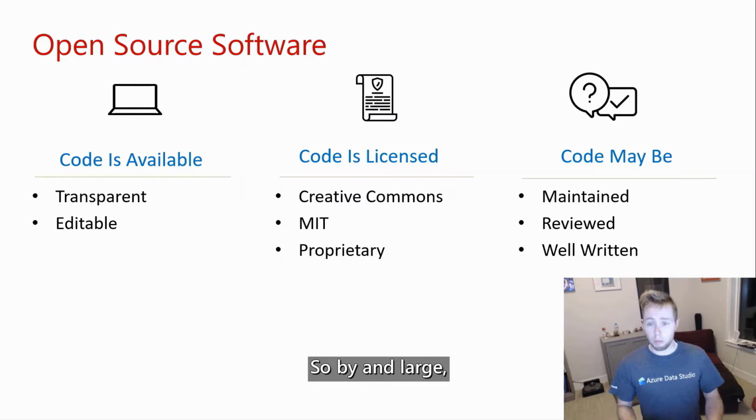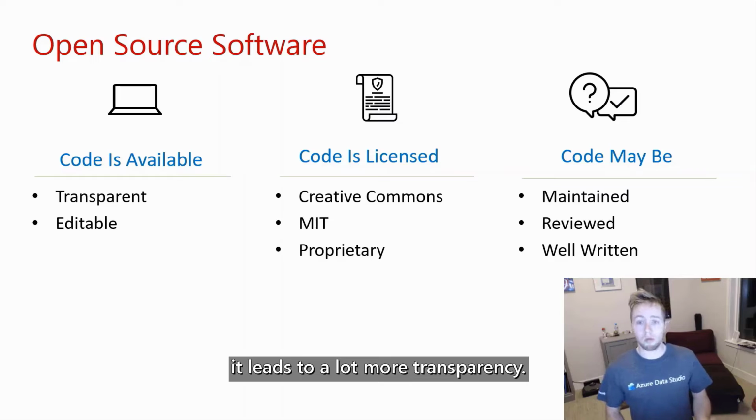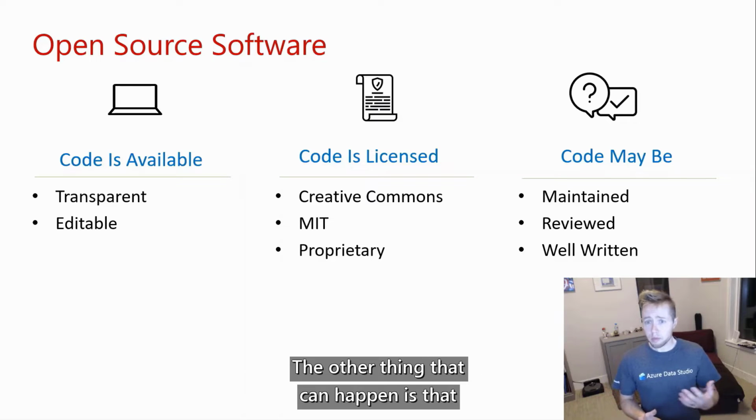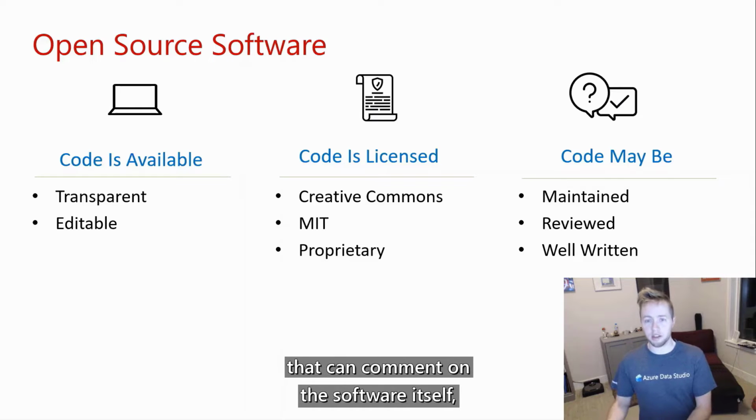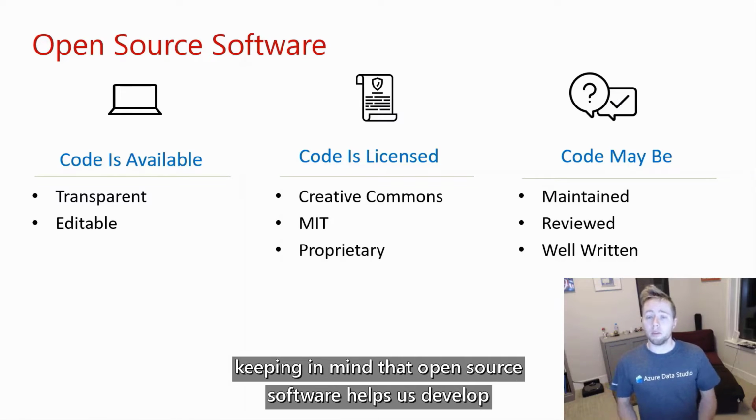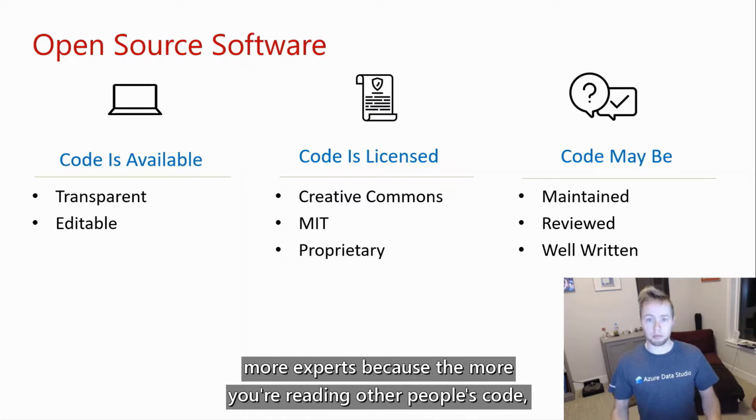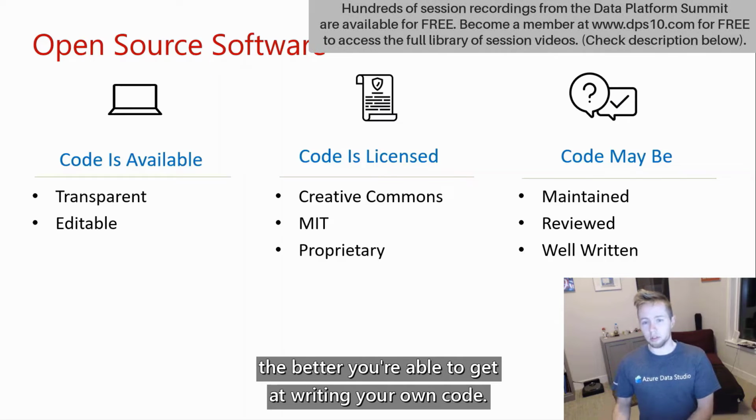So by and large, it leads to a lot more transparency. The other thing that can happen is that there are experts in the field that can comment on the software itself, keeping in mind that open source software helps us develop more experts, because the more you're reading other people's code, the better you're able to get at writing your own code.